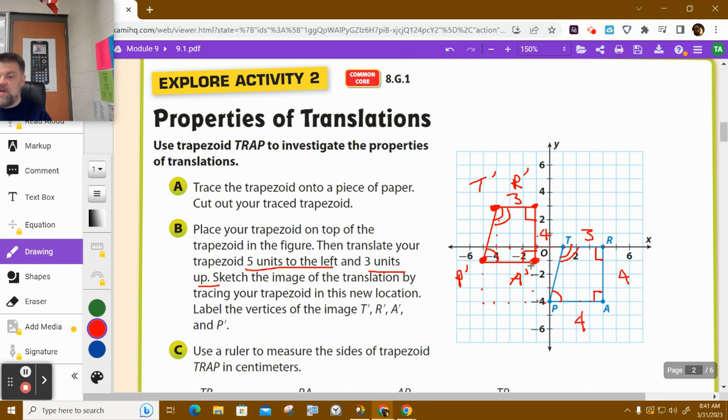And from here to here, it's 1, 2, 3, 4. And this one is a little more, you'd have to measure that with a ruler. It should be 5. If you measure it with a ruler, is that 5?